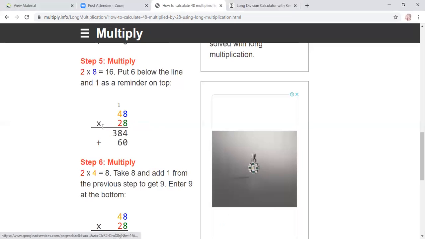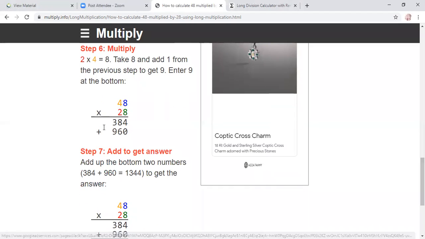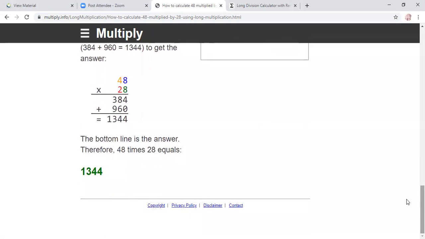How did we get the 96? 2 multiplied by 8 is 16, 6, and we have 1. 2 multiplied by 4 is 8, plus 1 is 9, so the 9 is written under the 3 in the hundreds. The 6 is in the tens, okay, because the 2 is in the tens also. After that, we are going to add these two numbers, which is going to give us 1344, my lovely kids, of 48 multiplied by 28.